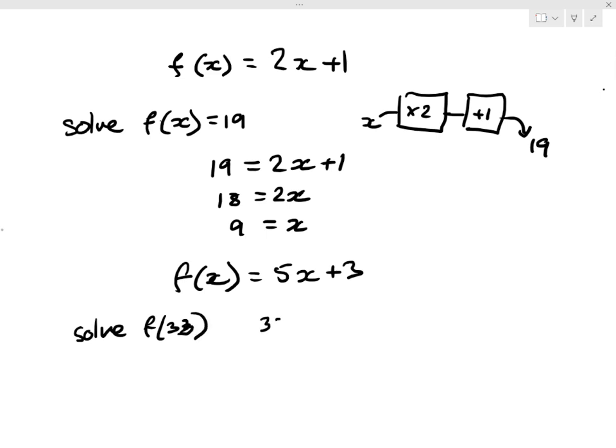So 33 equals 5x plus 3. Take away 3, 30 equals 5x. Divide by 5, so 6 equals x. Okay, that's single functions. Whether you're finding what the x number is, or putting a number into the function to find the result, the output, or you've got the output and you have to find out what the input is.